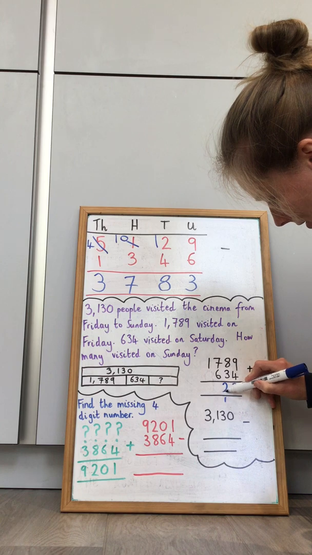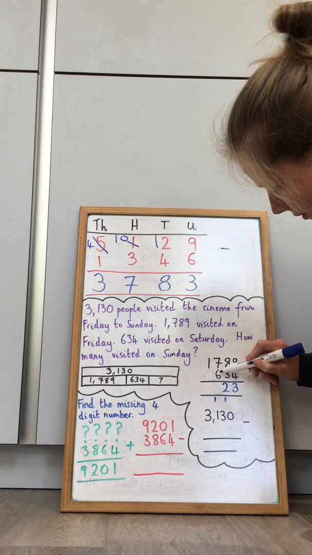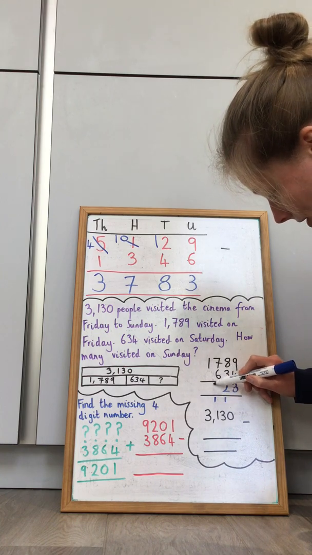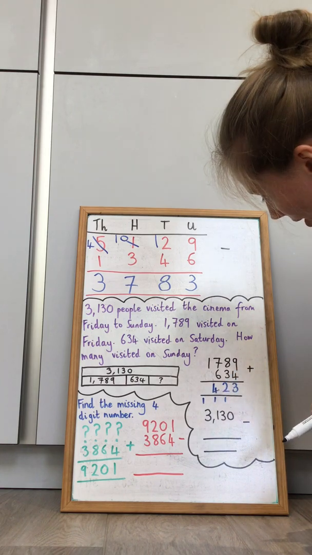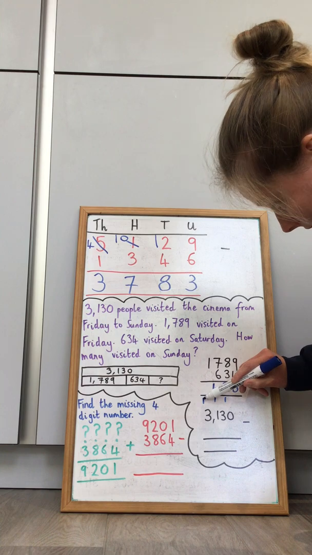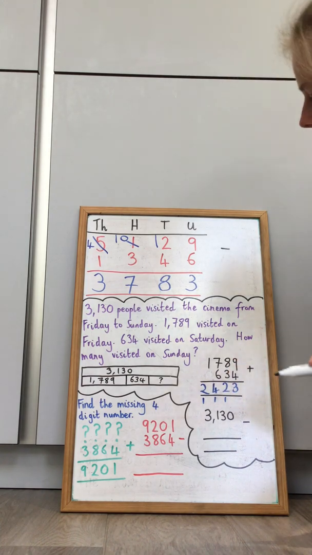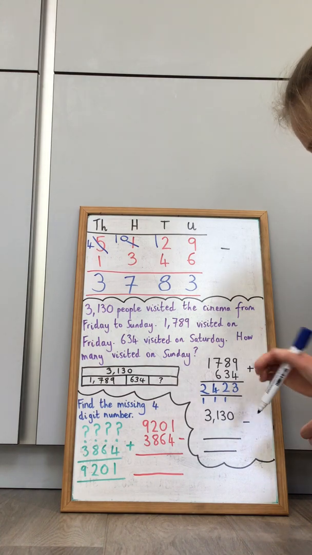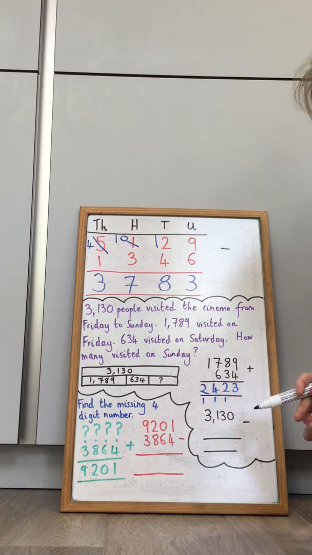So my 2 goes in there and I carry over my extra. 7 plus 6 is 13, plus the extra 1, 14. 4 goes in, carry my 1 over. In the thousands, 1 plus 0 plus the extra 1 gives me 2. So I now know that on Friday and Saturday, 2,423 people visited in total.